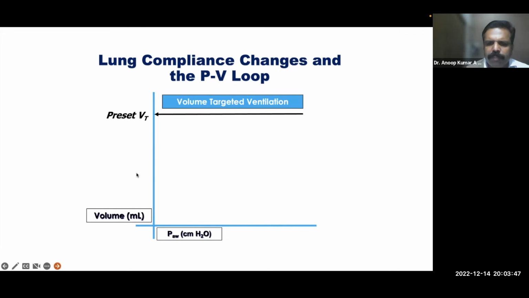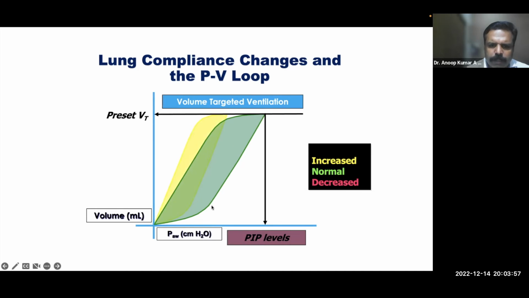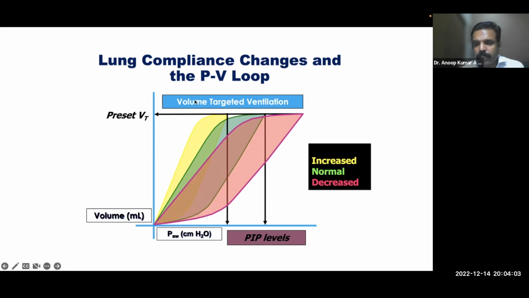This is a very, very important slide as far as the PV loop and ARDS ventilation are concerned. You can see the green one, which is a normal compliance loop. You can see the inspiratory part and expiratory part. If the compliance is improved, what will happen? There are two types of PV loops here. This is a volume targeted ventilation. You can see the volume is always kept constant.